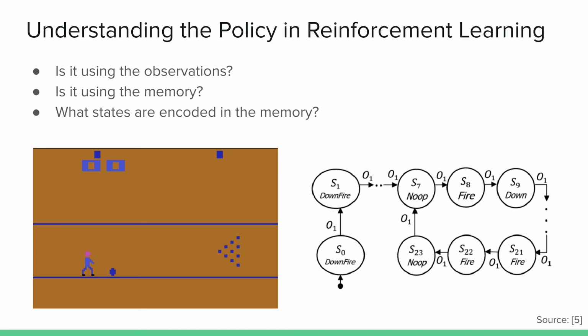We would like to answer questions like: is it using the observation input, or is it just remembering that if I saw this, 10 steps afterwards I should do that? So how are states encoded here? By understanding those states, we can explain much better what the model has ultimately learned.